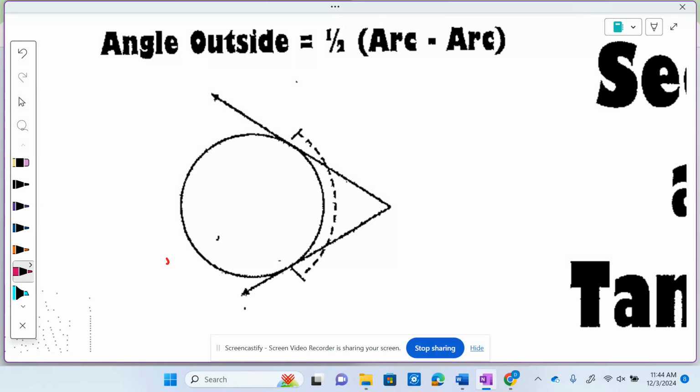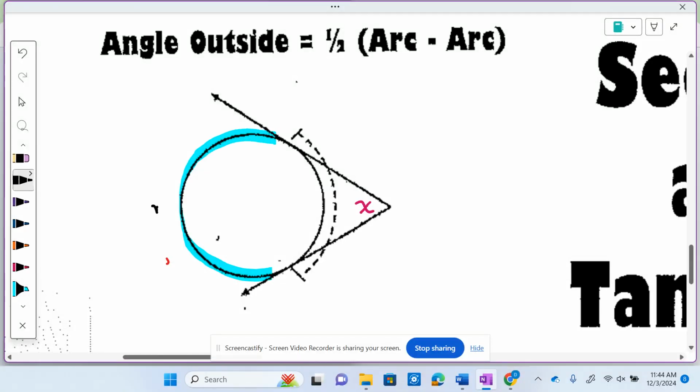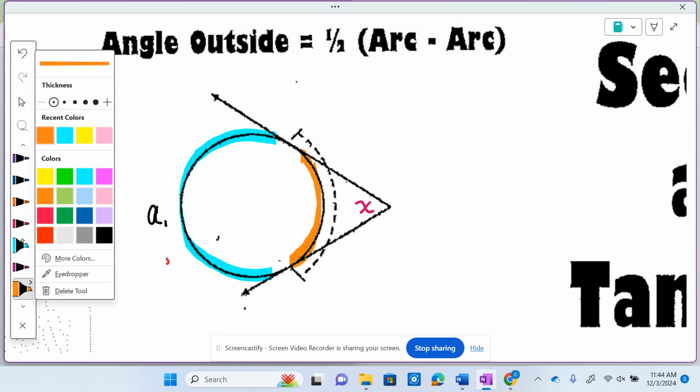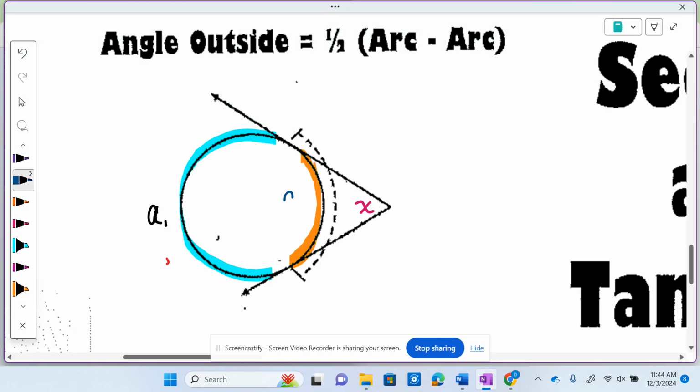So we're going to call this angle right here. And when I think about my intercepted arcs, I have this arc right here. We're going to call it A1. And I also have this arc right here. And we're going to call it A2.